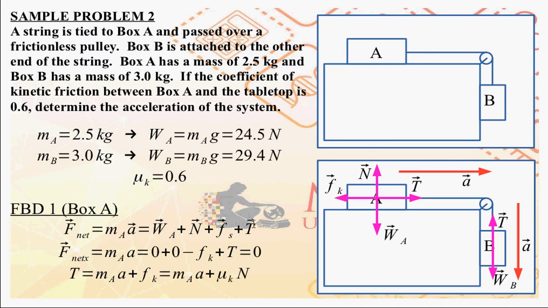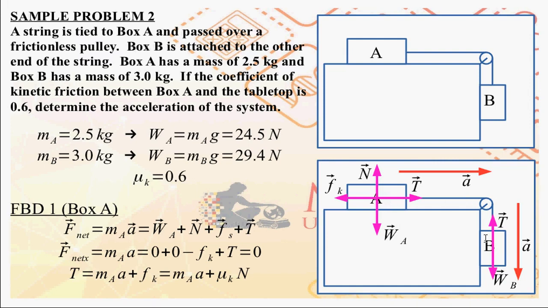So again, the objects have mass, so they have weight. You have weight A and weight B vertically downward. A is pressing into the tabletop, therefore, you have normal force N. Because of weight B, B is pulling at the string, producing tension.